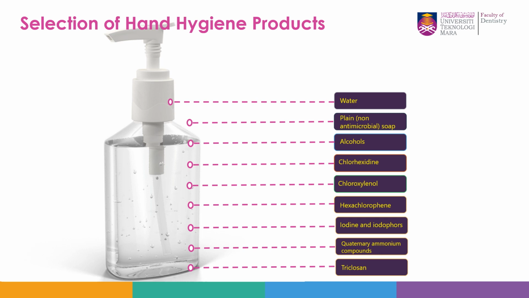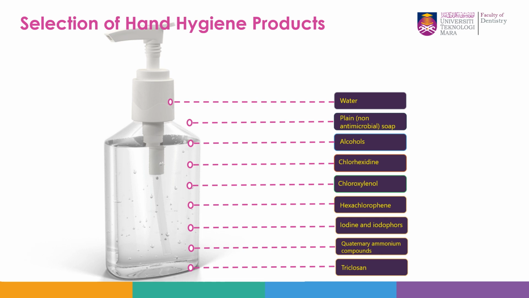If you look at all these substances, not all of them would be available in a single product. Every product would have one of these agents as a cleaning agent or as an antibacterial agent. The most common one that you probably know is alcohol that we use as a hand rub agent.